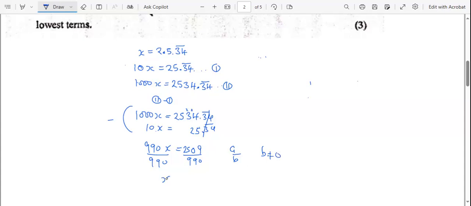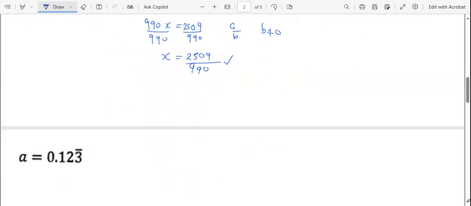So our x now will be 2509 over 990. I can't simplify further. You can try if you can manage, but don't confuse the numbers. So that means you have expressed it in the form of a over b. All right, that is it for this one.